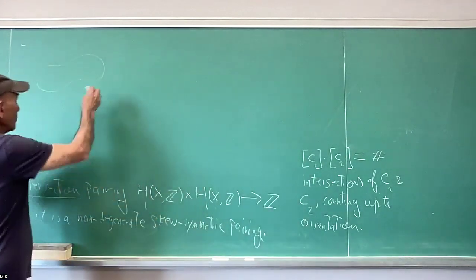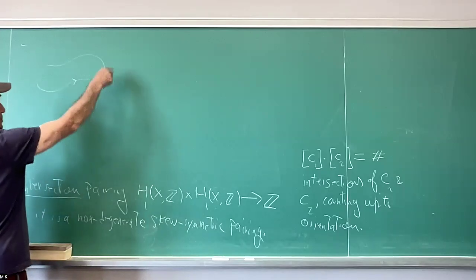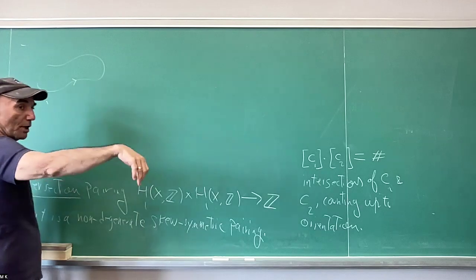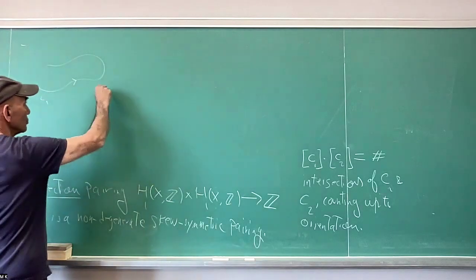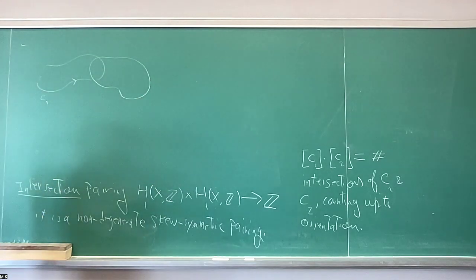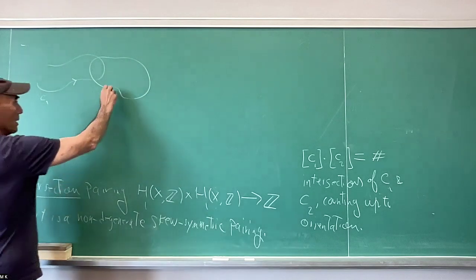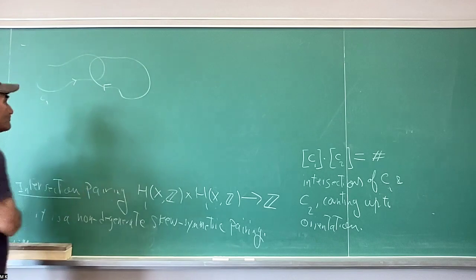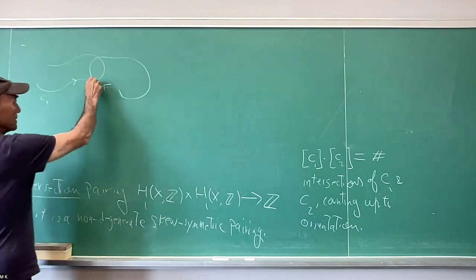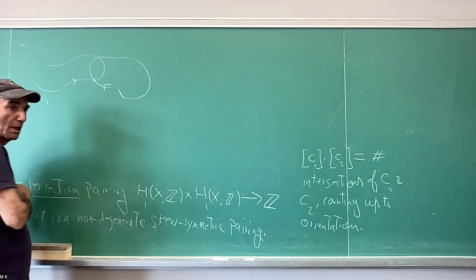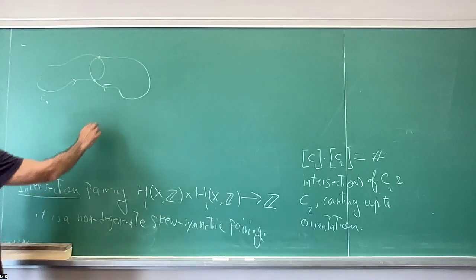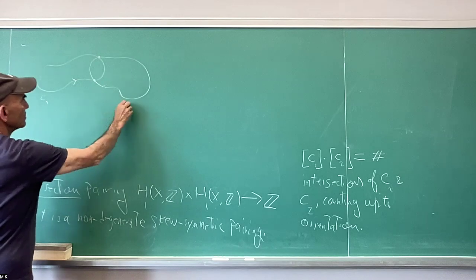For example, you have a closed smooth curve which has some orientation. It goes in this direction. So this is C1, and you have another chain C2, and this has this orientation. If you look at these two things, you notice that there is an intersection point here, and there is an intersection point here.